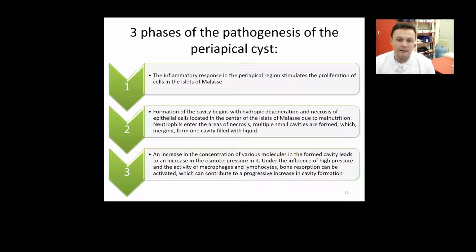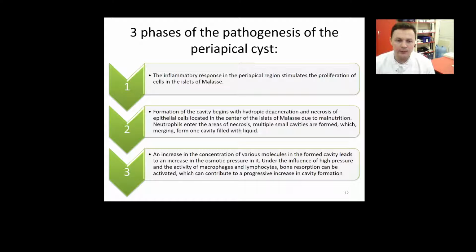It is believed that the formation of the cavity begins with hydropic degeneration and necrosis of epithelial cells located in the center of the islets of Malassez due to malnutrition. Neutrophils enter the areas of necrosis. Multiple small cavities are formed, which merge into one cavity filled with liquid.